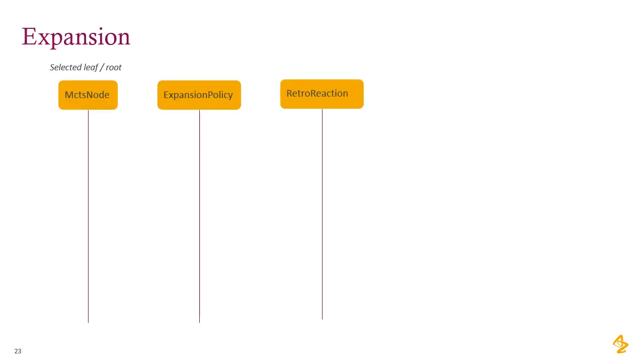And then we come to the expansion. And to explain the expansion, I will use a sequence diagram. And I will spend some time just to explain what is in a sequence diagram. So we have a number of actors represented here by the class name, but they are objects in memory.